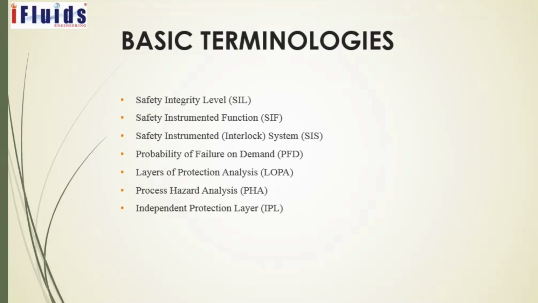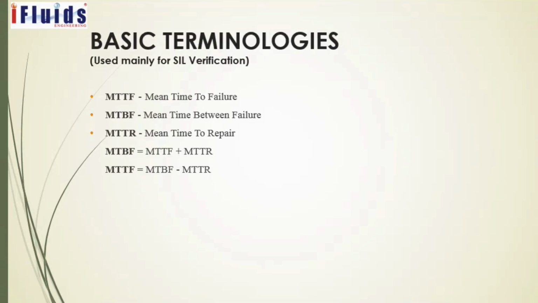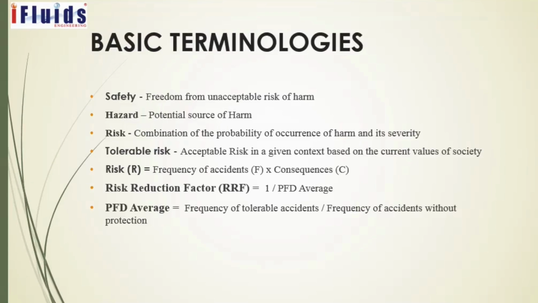Independent protection layer, IPL. These are normally not used in the assessment. They are used in the next verification phase, just to have an idea. Mean time to failure, MTTF, mean time between failures, MTBF, and mean time to repair, MTTR.